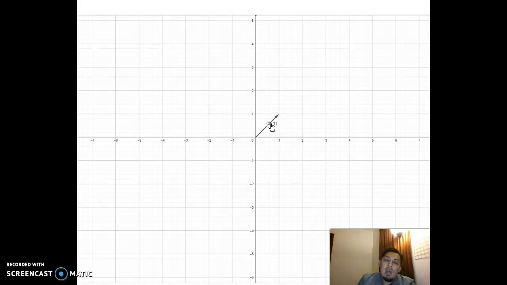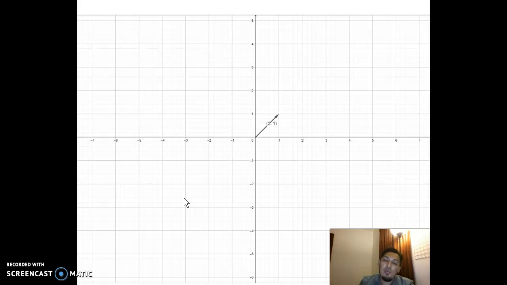Okay, so one of the properties of a vector is that when you multiply any constant to this vector, it will either expand the magnitude of the vector, so it becomes longer, or it can become shorter, and it can also go the other way around, as long as it is on the same line, same gradient.